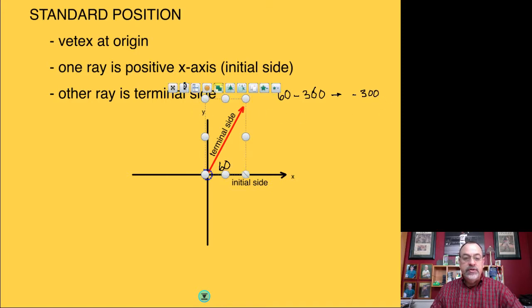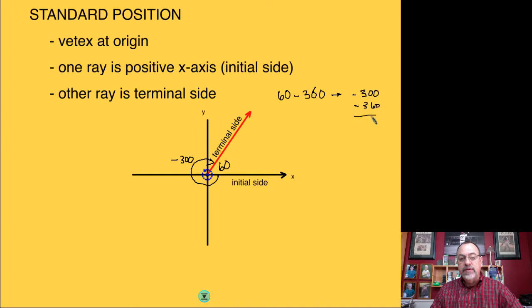So if I were to begin at the initial side here and rotate in the opposite way 300 degrees, I would end up with a coterminal angle. This angle here would be a negative 300-degree angle, and it is coterminal with a 60-degree angle. And then again, if I wanted another negative one, I would simply subtract another 360 degrees. So negative 660 would also be coterminal.